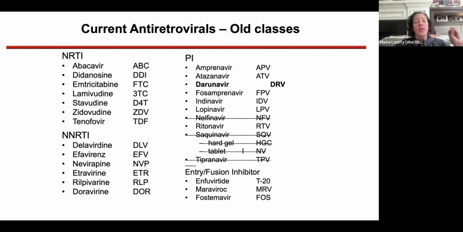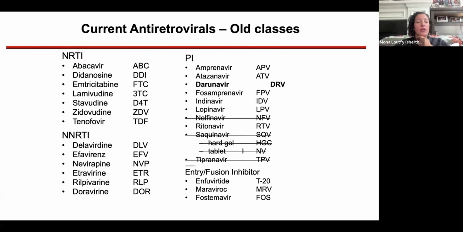And so it was through that population that we discovered the requirement of attachment to a chemokine receptor, and Maraviroc was created in the lab. But we don't really use those entry inhibitors, fusion inhibitors, very much anymore.